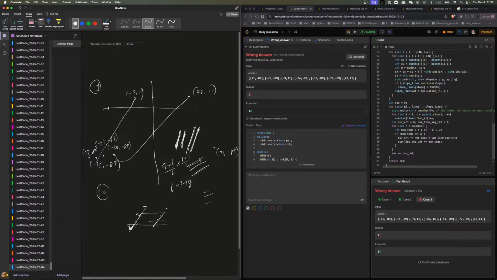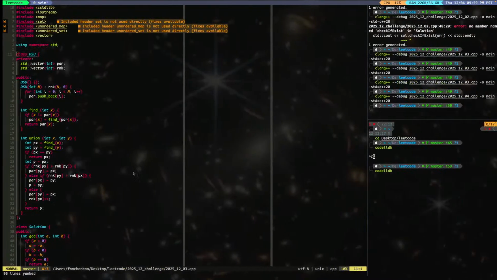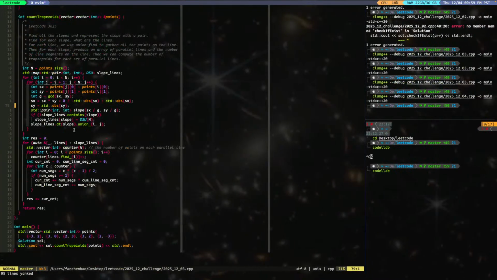So those 18 are double counted. I think it's just a double counting issue, right? So like different slopes, we have a little double counting issue. All the slopes represent a slope with a pair. Find all, for each slope, what are the lines? For each line, we use union find to gather all the points on the line.